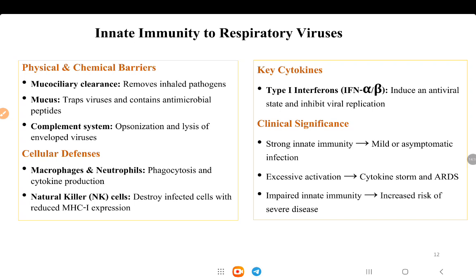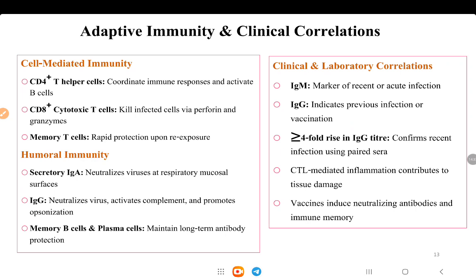Impaired innate immunity increases the risk of severe disease. Once there is impairment or failure of the innate immune system to clear the virus, that means an increased risk of severe disease.